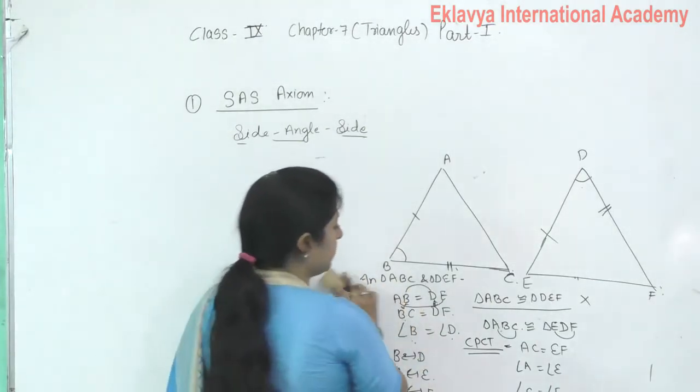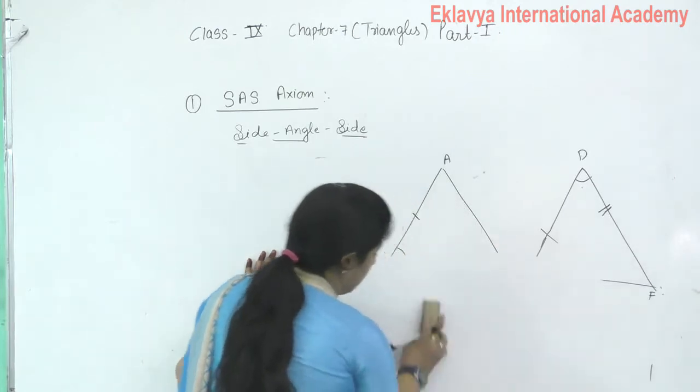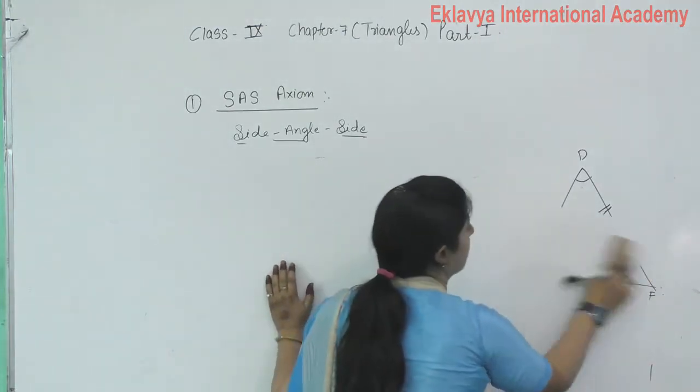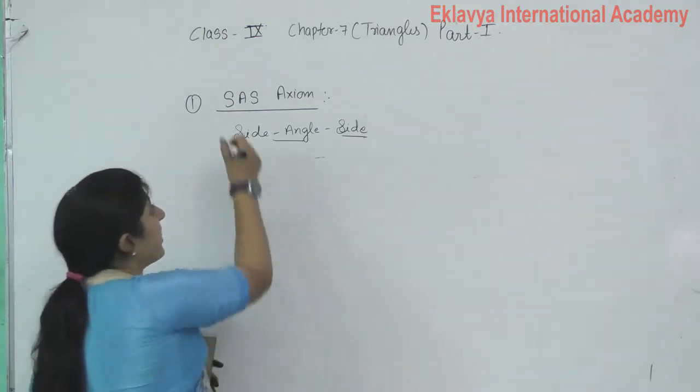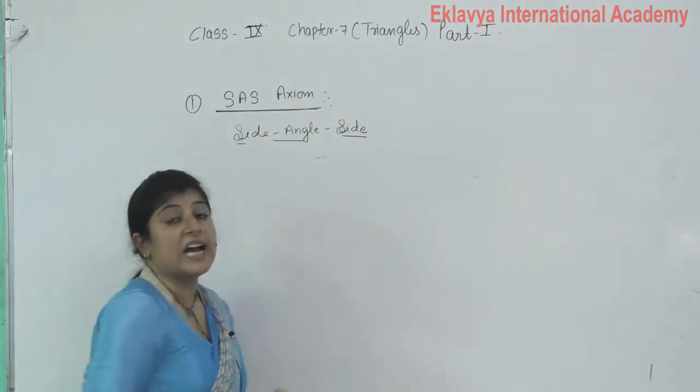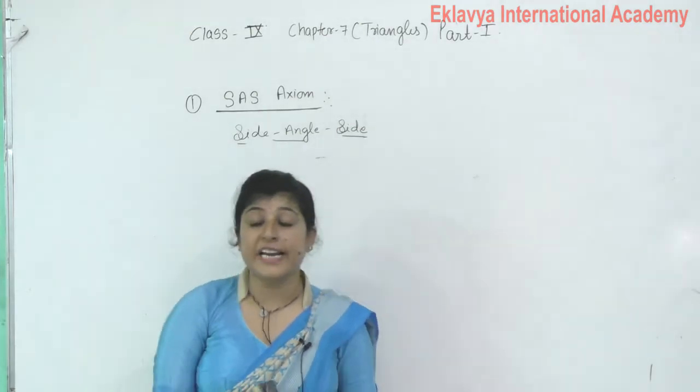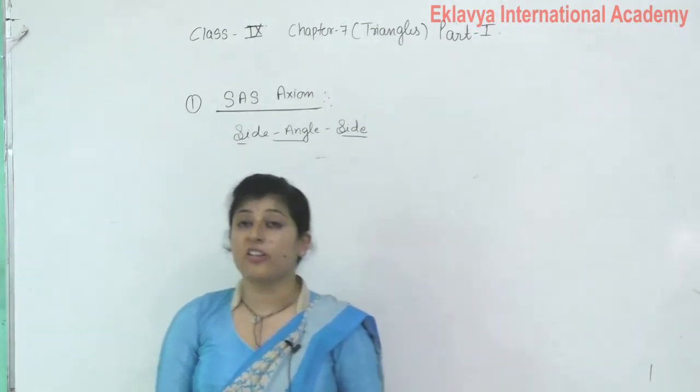Okay, now see. So we can say the first congruency rule is the SAS axiom, side angle side. What is the statement of it?